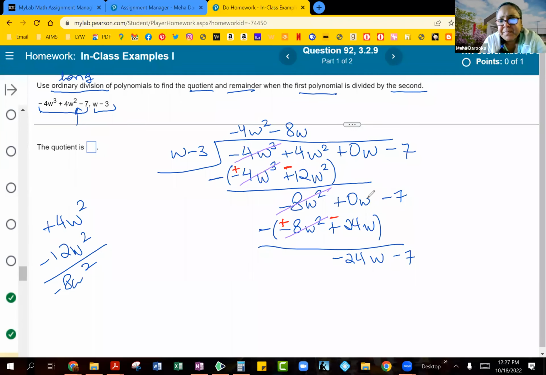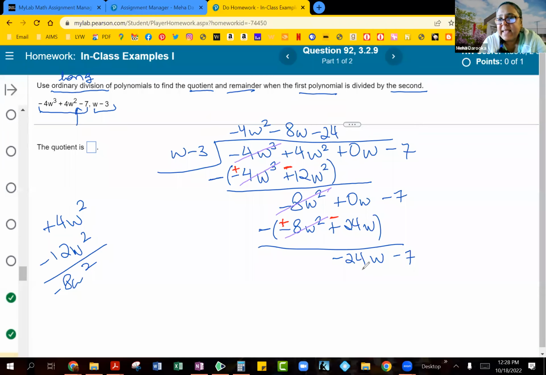Okay. So as you can see, now we are left behind with, again, two terms. We have the negative 24w from here, and that negative 7 is carrying forward. So all we need now is, I already have the w over here, so I don't need another one, because this is also just w to the first power. So we have the same w, we don't need that. So all we need to add in our quotient is the negative 24.